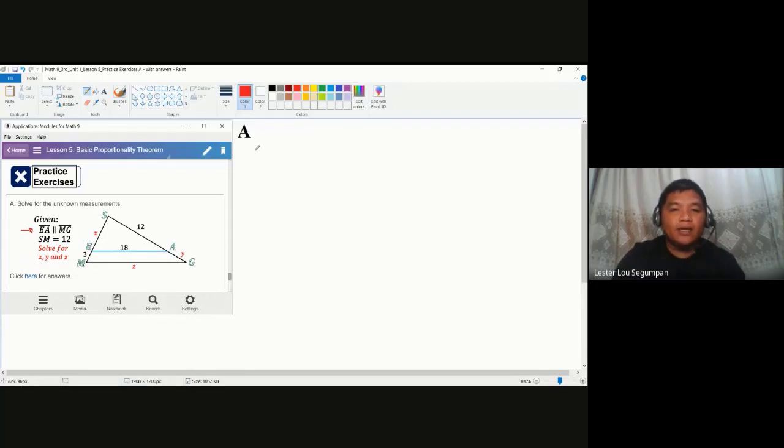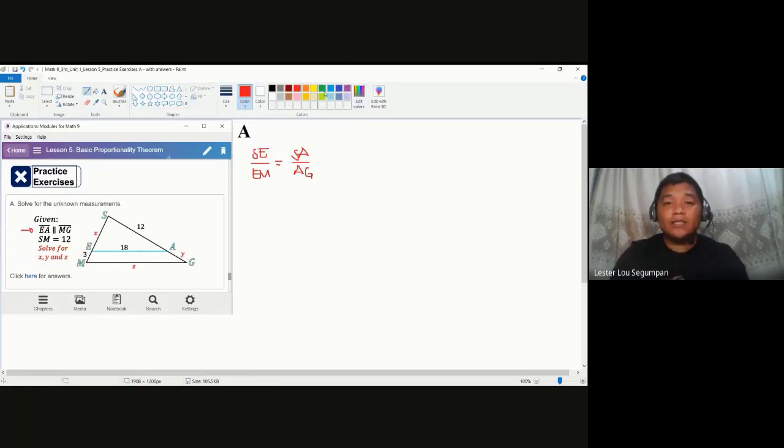That would mean SE over EM, the segments cut, is equal to SA over AG. That would be the consideration when a segment is parallel to one of the sides.